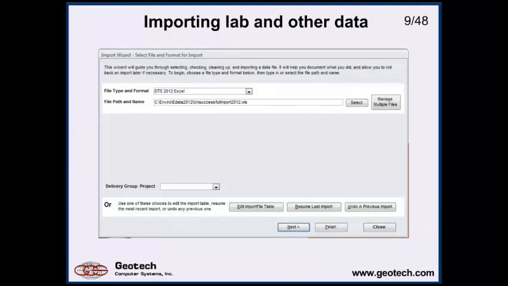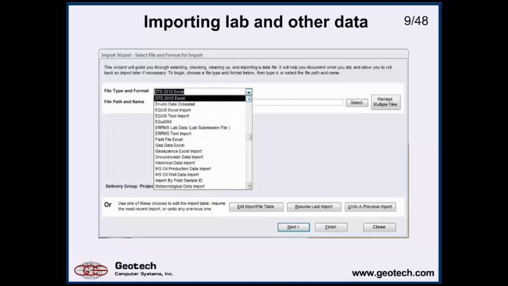All right, so then when the data comes in, you got to import it into the database. And so we're going to start by specifying the file type and format. And there's a drop down for that where we're going to use what we call our data transfer standard 2012 format. But we have lots of other formats, and the user can define your own.